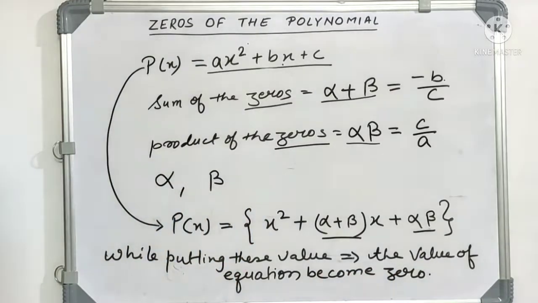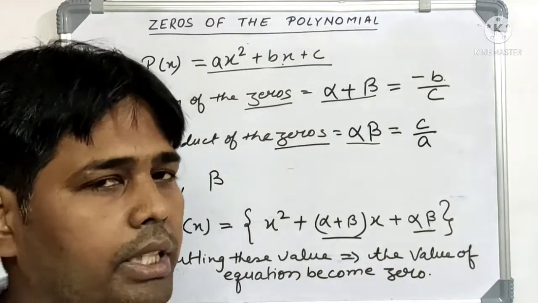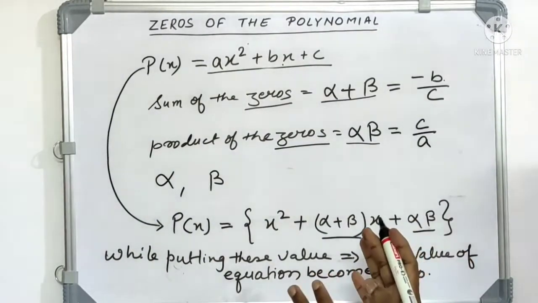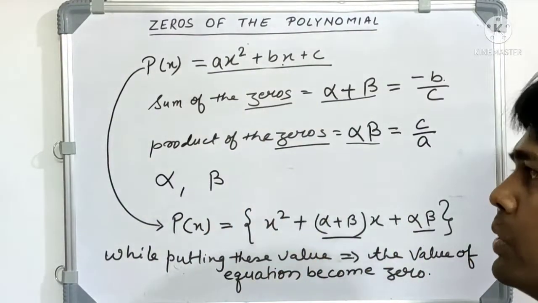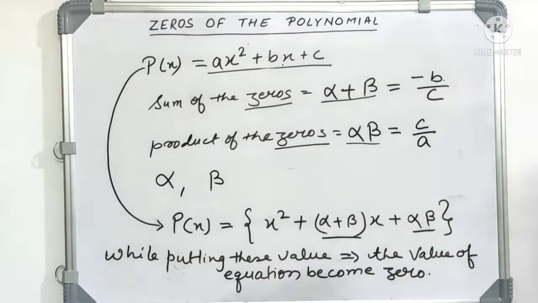So this is about how we can find the zero of the polynomial, particularly in the case of a quadratic equation. Now let us understand this representation of the zeros, that is the sum of the zeros and the product of the zeros, in context with an example.